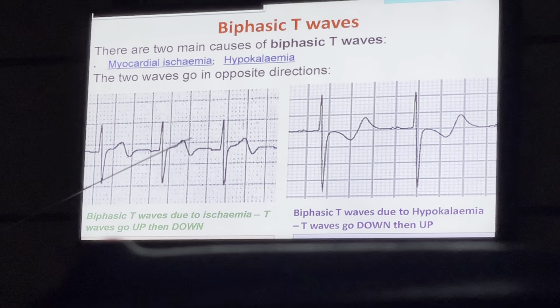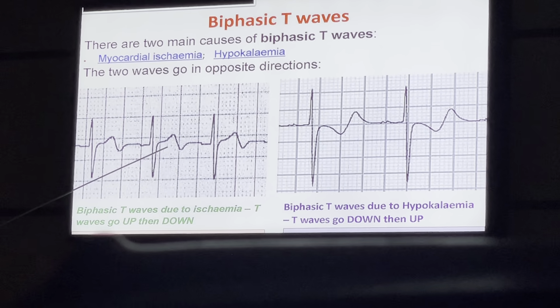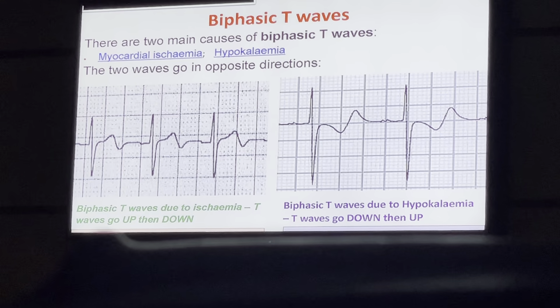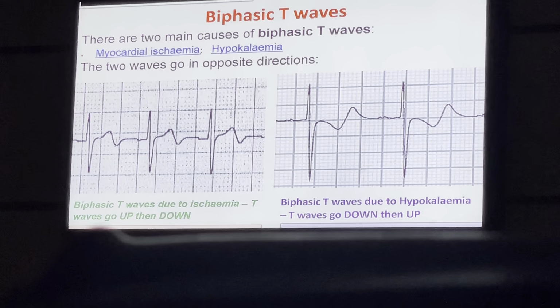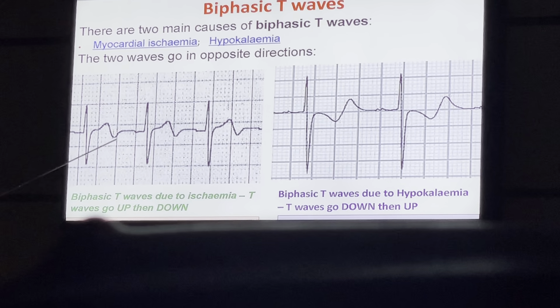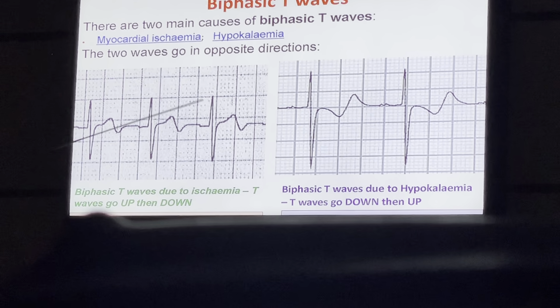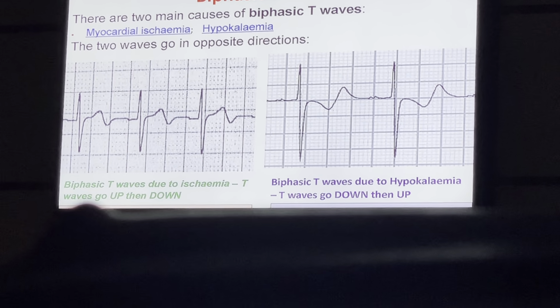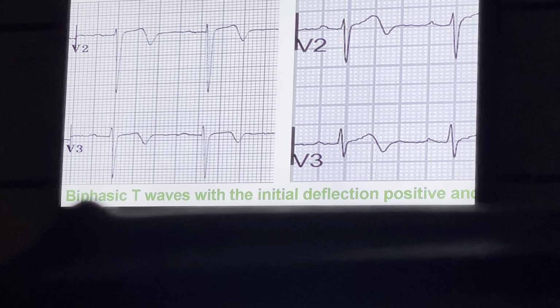If you see this kind of T wave, this occurs in ischemia, and this type of T wave in hypokalemia or metabolic cause. So whenever you see this wave, this is due to ischemia, and this is not due to ischemia, this is due to hypokalemia.